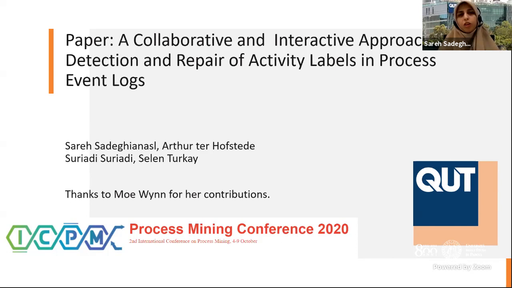So regarding your first question, which was about the labels that have the same name but different meanings, that's somehow the other way around. Those labels are called homonymous labels. In this approach, we focused mainly on synonymous labels, because we try to group activity labels based on their syntax. So if their syntax is exactly the same, in this approach, we consider them as the same.